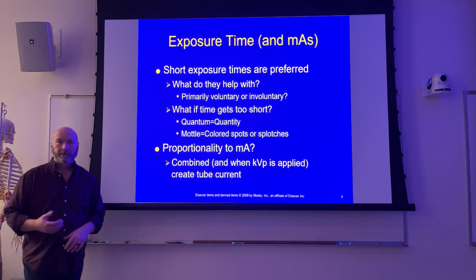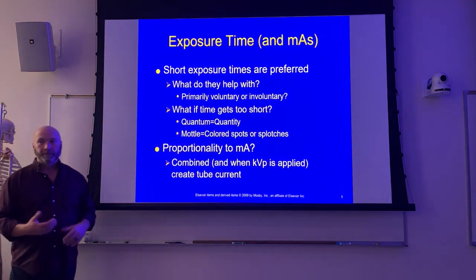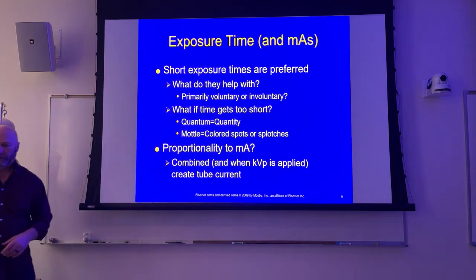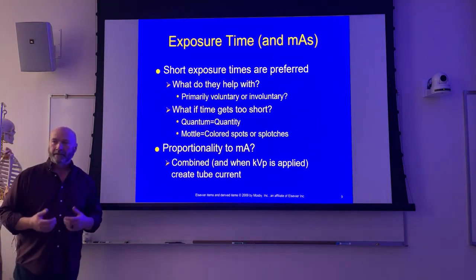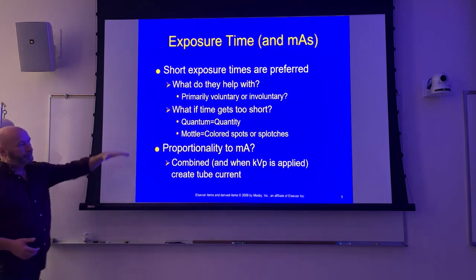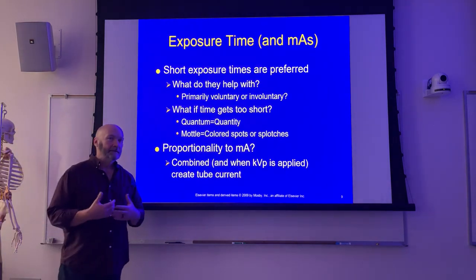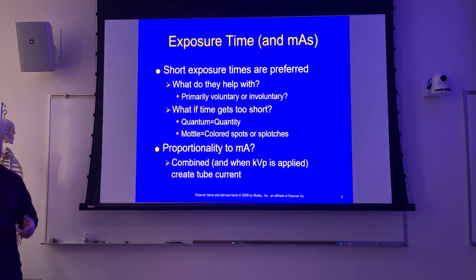Still testable, so you've got to hang on to it, but you might never see it, except for some pictures in our textbooks that show it, especially on very thin anatomy, pediatric chest X-rays, things like that. So quantum mottle is possible, and it's just because we don't have enough X-rays.